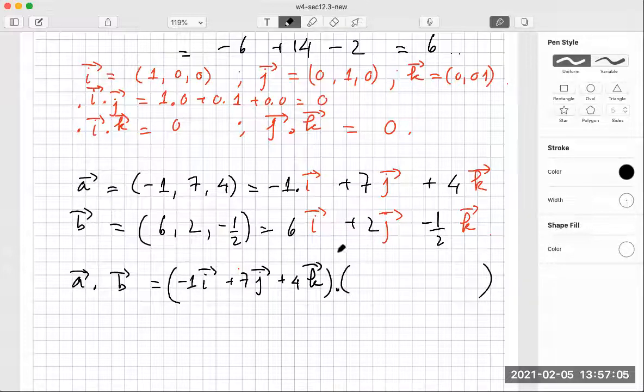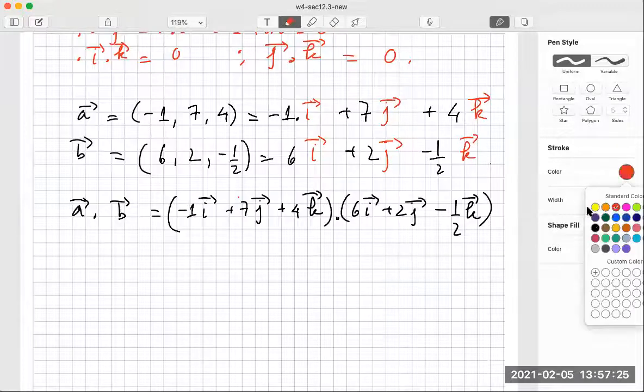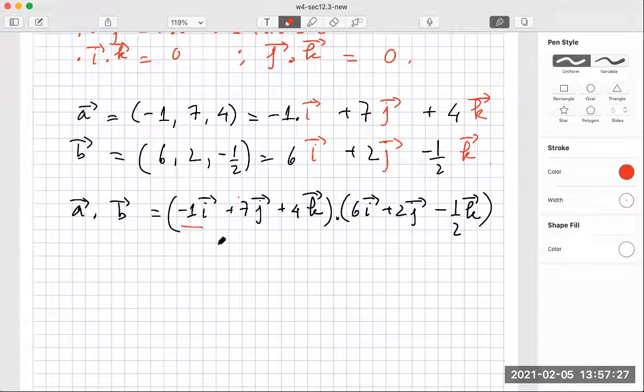Times the vector B, which is 6i plus 2j minus 1/2 k. Do you agree? If we write it this way, we can use the distributive rule, the same thing as with numbers. Then if we distribute this to this, this, and this, what do we have?